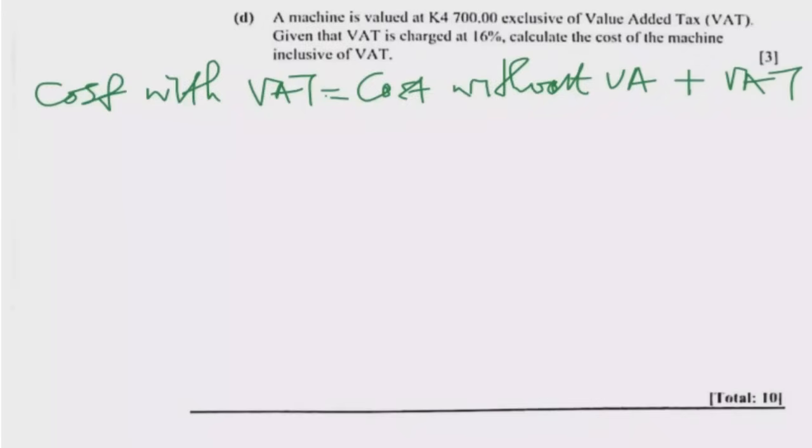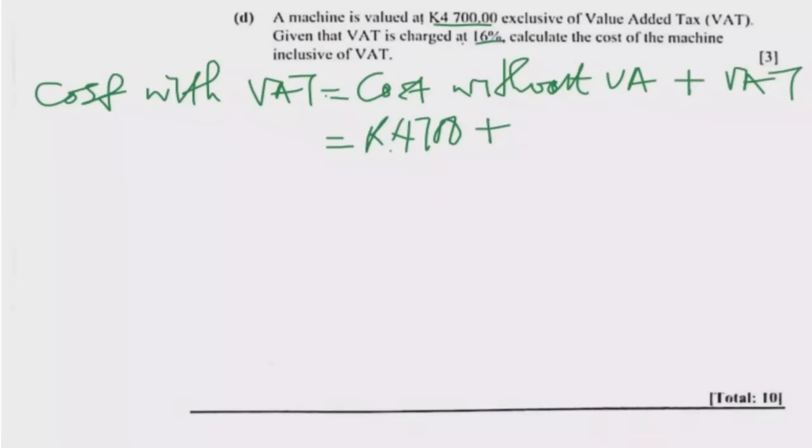Now once we find that, we say equal to the cost without VAT is here, which is 4,700 kwacha plus VAT. So we are given VAT. Now let's look at VAT. For VAT, we are given a percentage and not the actual amount.